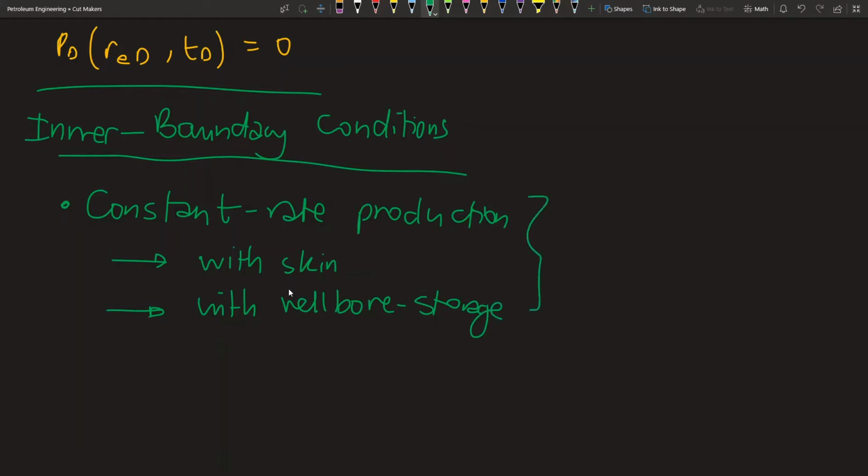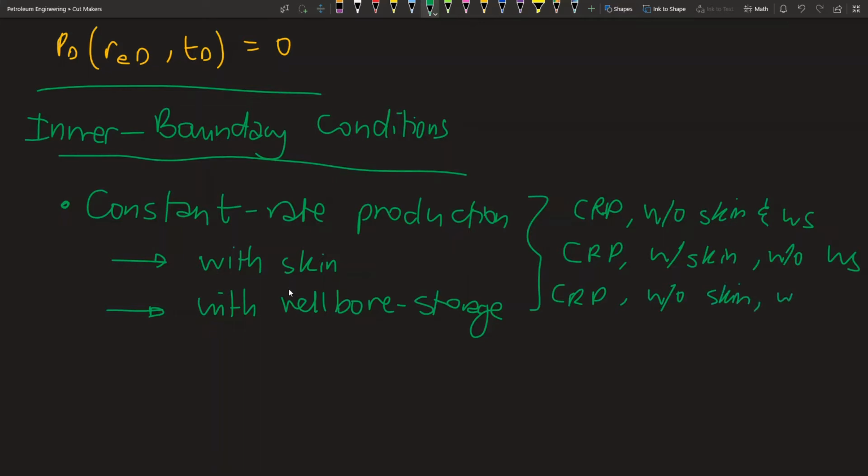So from here we have just constant rate production without skin and well-bore storage. You also have constant rate production with skin without well-bore storage. You have constant rate production without skin and with well-bore storage, and finally constant rate production with both skin and well-bore storage.